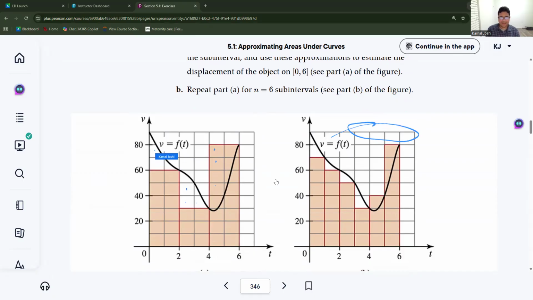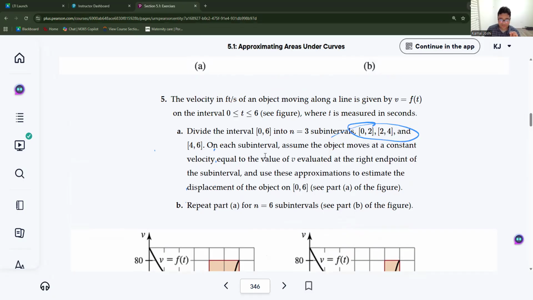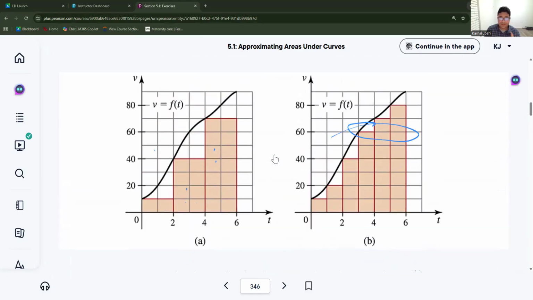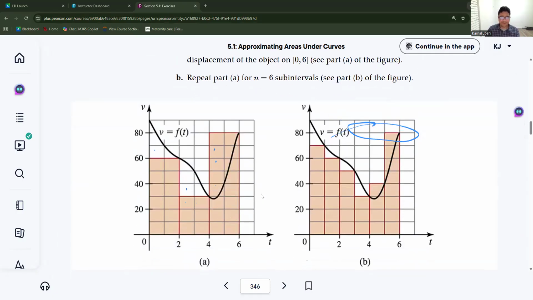But because the function is first decreasing and then increasing on the whole interval, you cannot guaranteedly say it is underestimate or overestimate without closer observation. Here you could directly say it is going to be an underestimate because the function has a constant behavior of increasing on that whole interval. Here you cannot say.